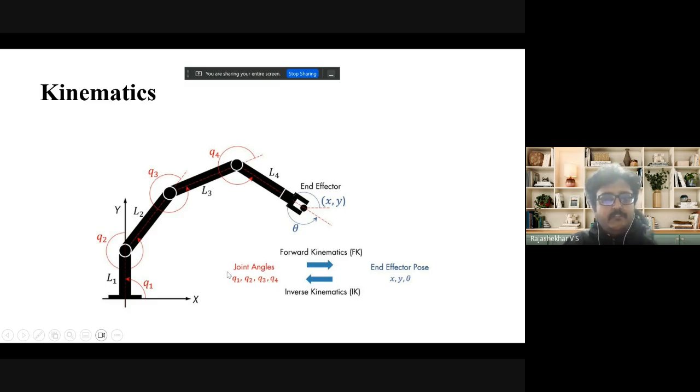And if we know the joint angles, and if we want to calculate the end effector, which is nothing but the region of interest where the painting or the paint brush or the painting spray or the inspection system is actually kept. So if you are going to keep it over here, this is called as the end effector. So if the joint angles are known, and from that if you calculate the x and y position, then it is called forward kinematics.